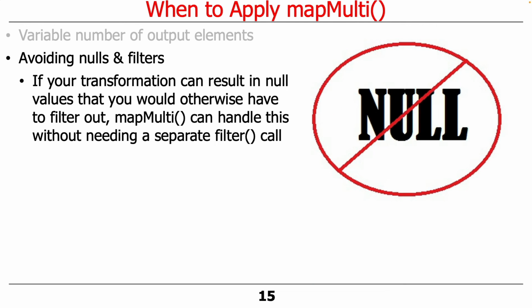Another nice thing you can do is you can avoid nulls and filters. If you transform something that results in null values or empty values, mapMulti can simply get rid of these values without you having to put a separate call to filter after the output stream comes out from map. So that's another benefit, another reason to use it.